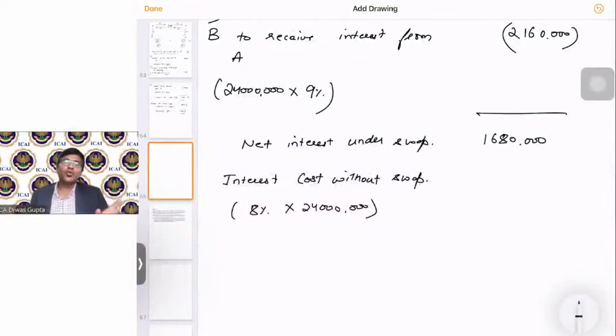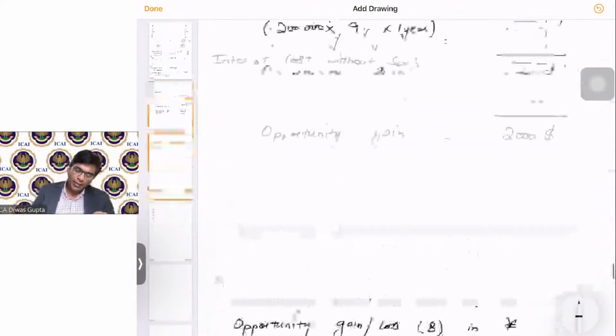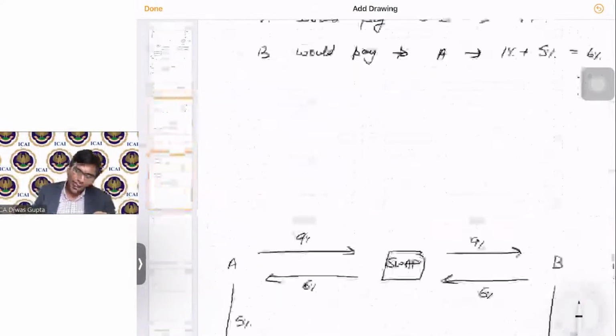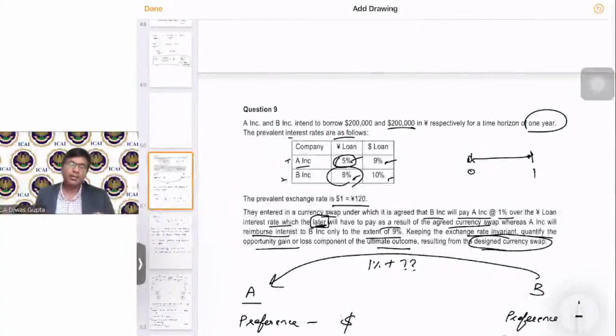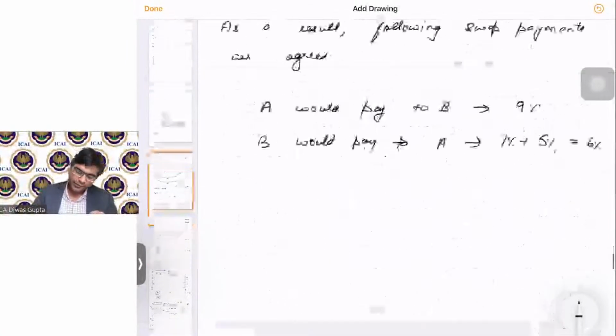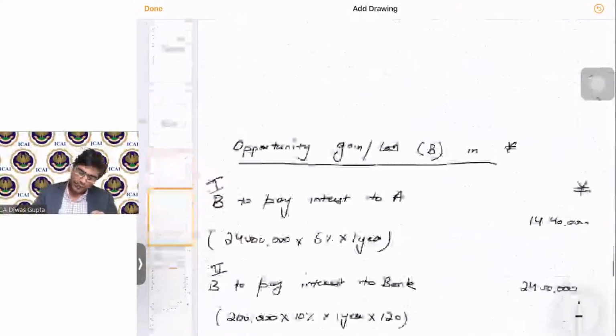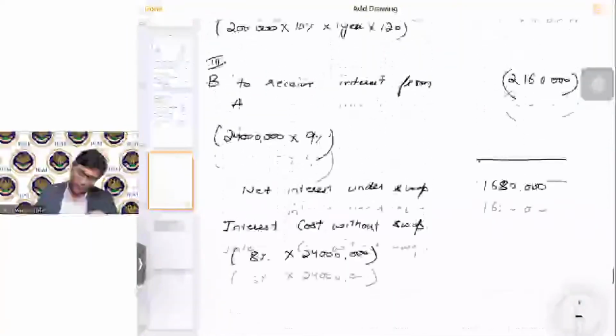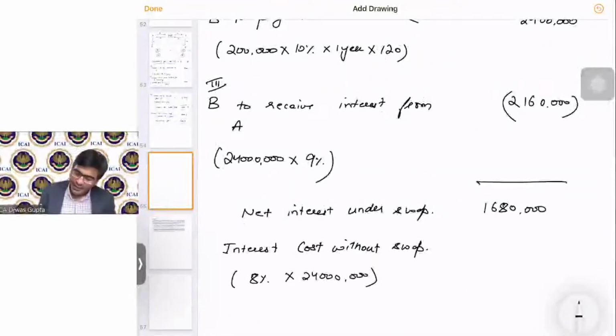Preference of B was to borrow in yen. So for B, the yen's rate applicable is 8%. Correct? 1,920,000.